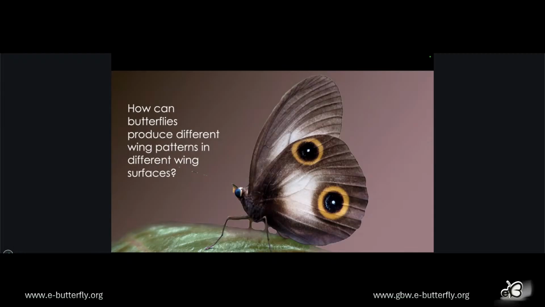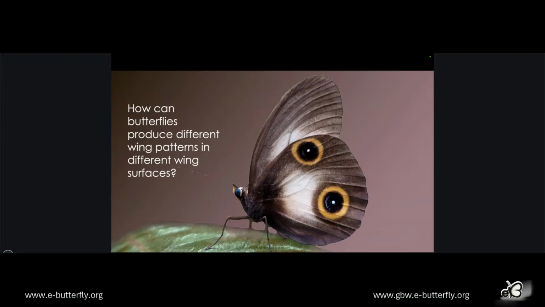Wings as a whole, we believe, have a single genetic program written in the DNA of the butterfly on how to build a wing. But there are going to be genetic factors that are specific to certain wings and to certain surfaces that can modify that ground plan program, that wing-building program that all butterflies have.